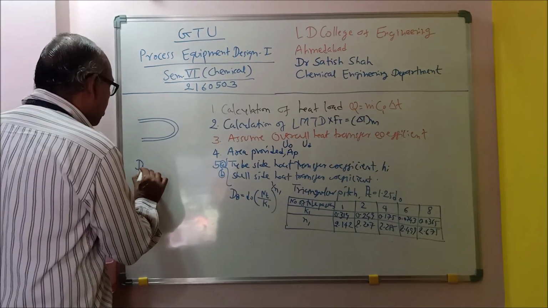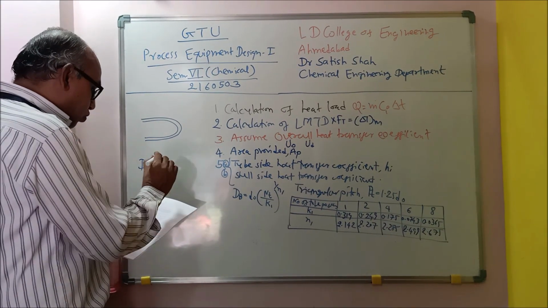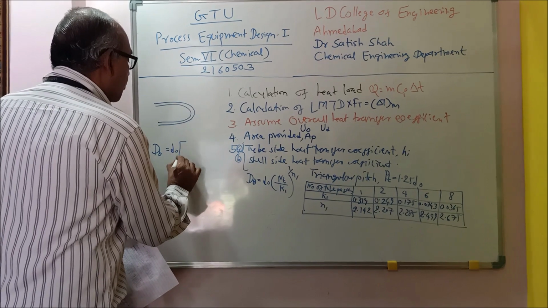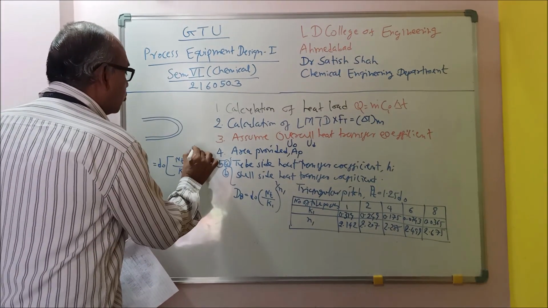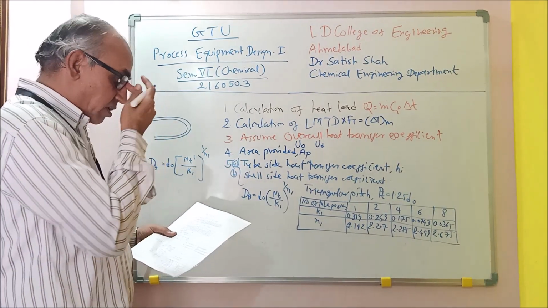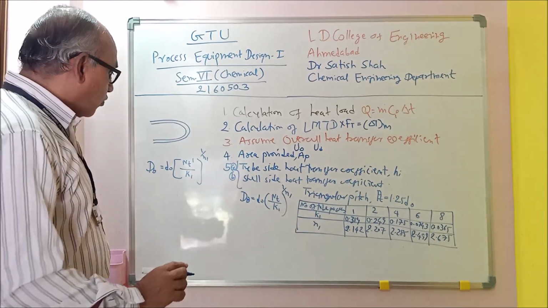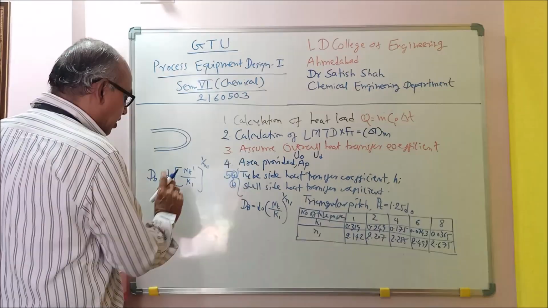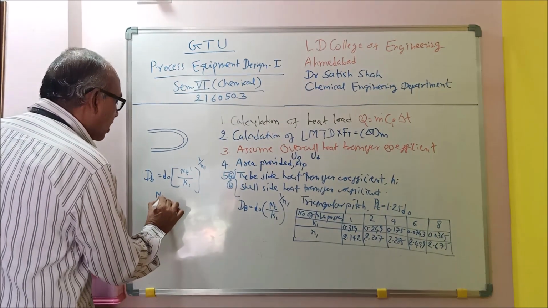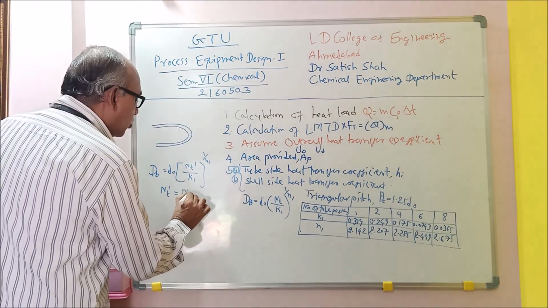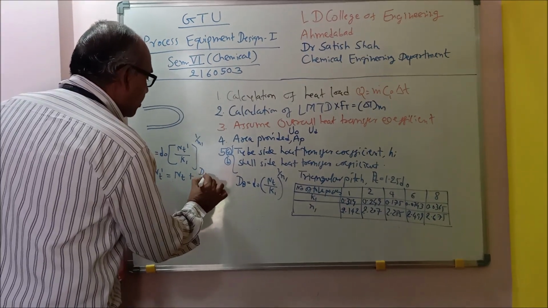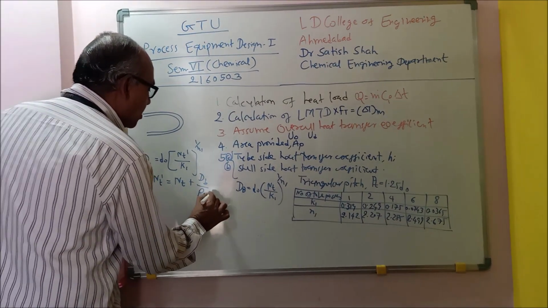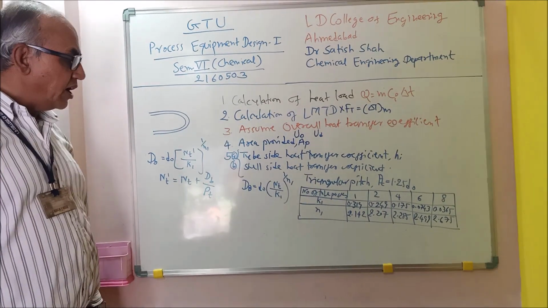It will be Db is equal to Do into (nt dash upon K1) whole raised to 1 by N1. So what is the difference here? Here it is nt, here it is nt dash. So this nt dash is equal to nt plus Db by pt, where Db is bundle diameter.